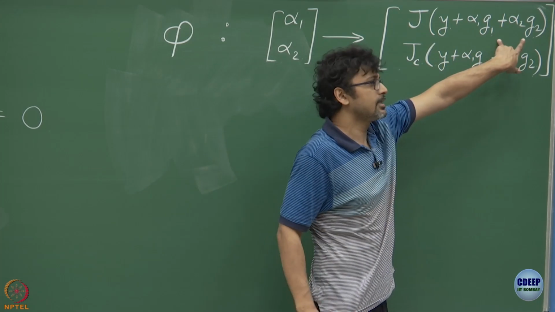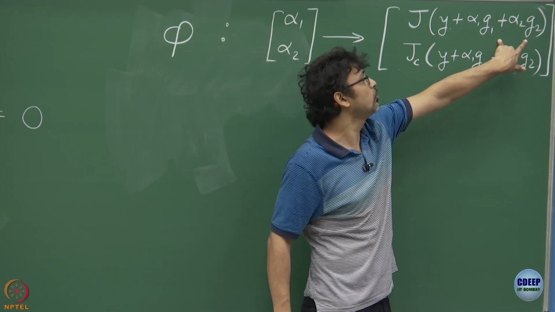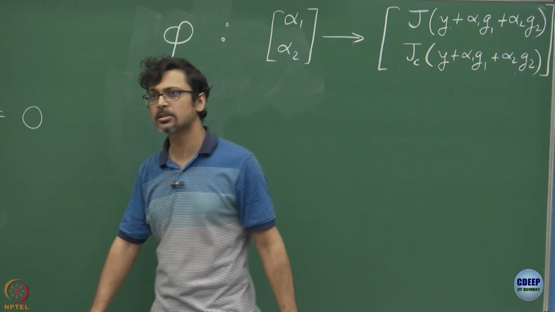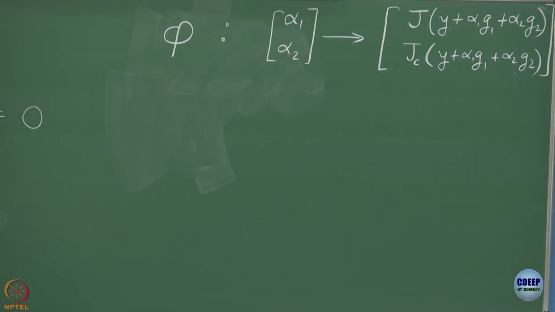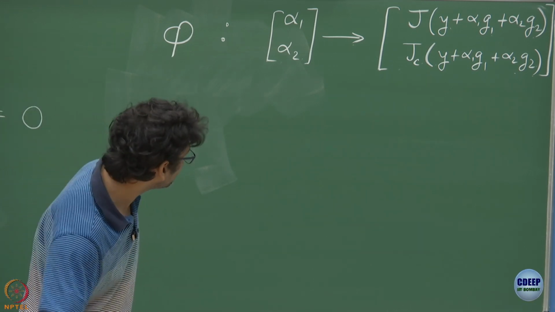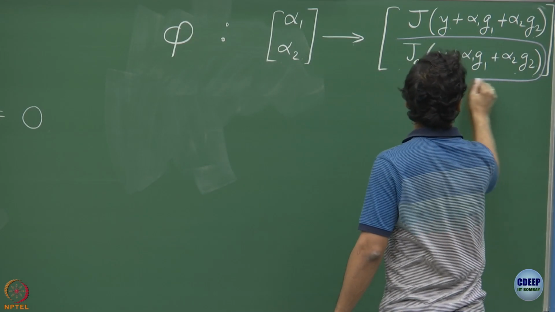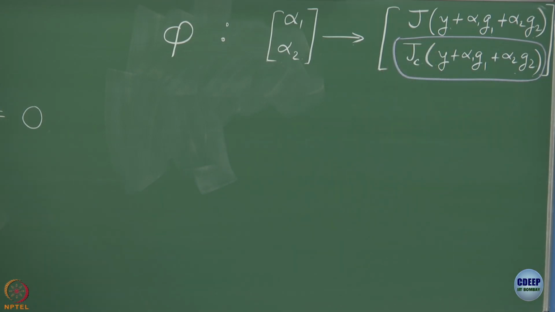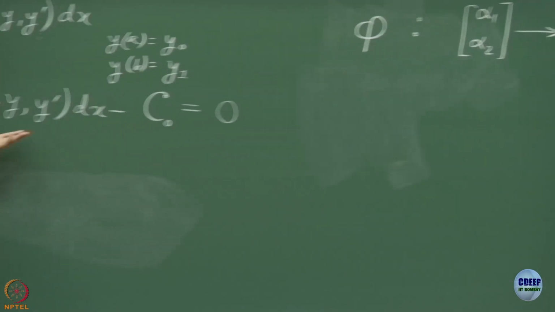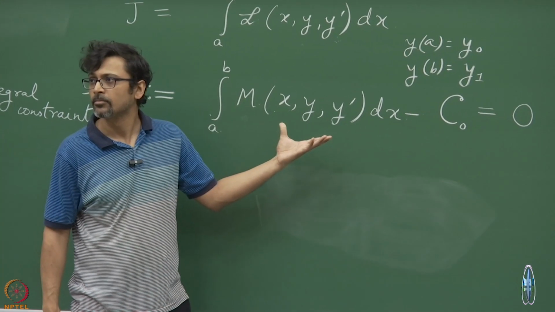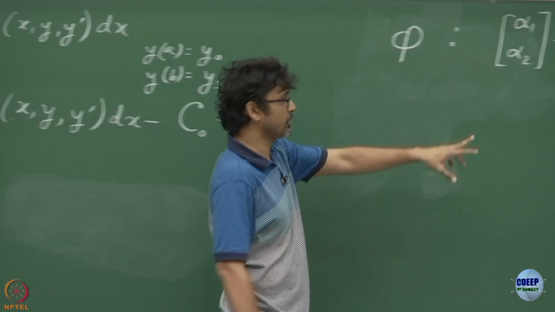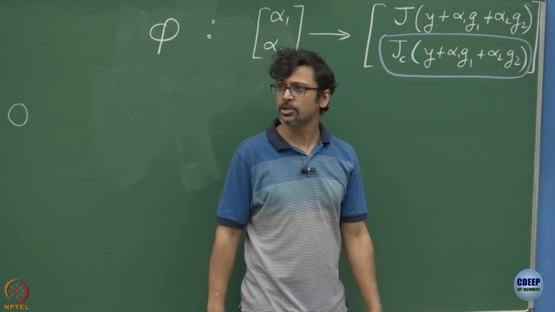These g's are some suitably chosen vanishing perturbations according to our requirements. They have to vanish at the endpoints, that is the only requirement. Now, very crucially, what can we say about this? If you have to satisfy the constraint, then even after the perturbation, this should also vanish.